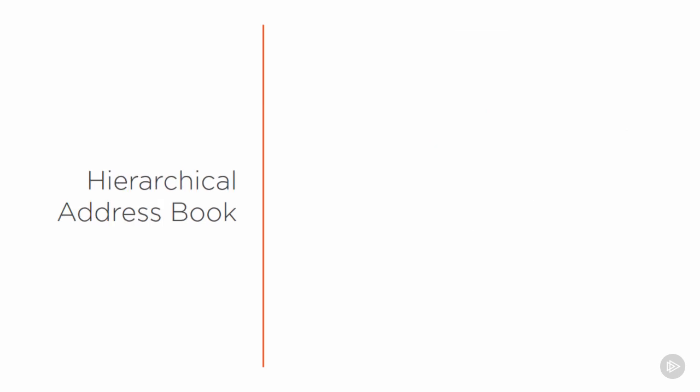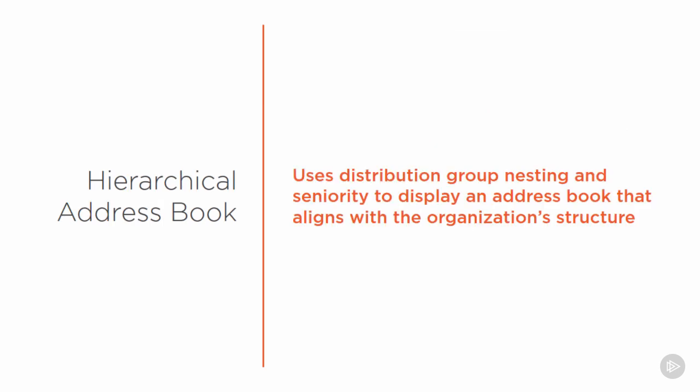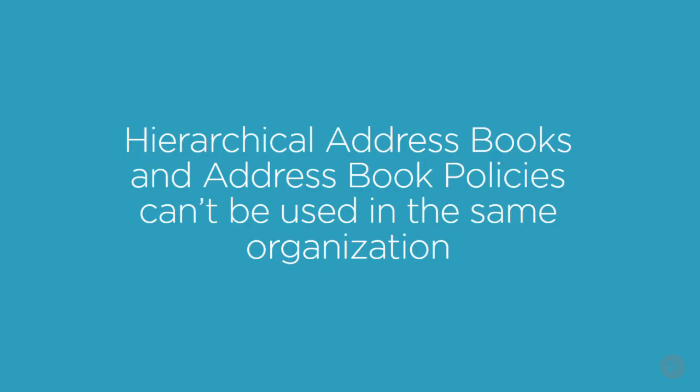The hierarchical address book uses distribution group nesting and then also a seniority index to display an address book that aligns with that organization's structure. One important note to keep in mind is that the hierarchical address book and address book policies can't be used in the same organization. You have to choose one or the other.